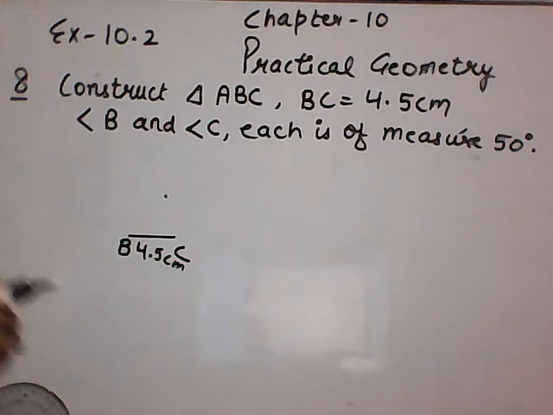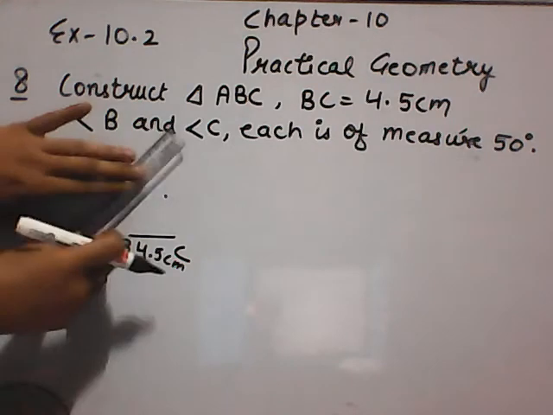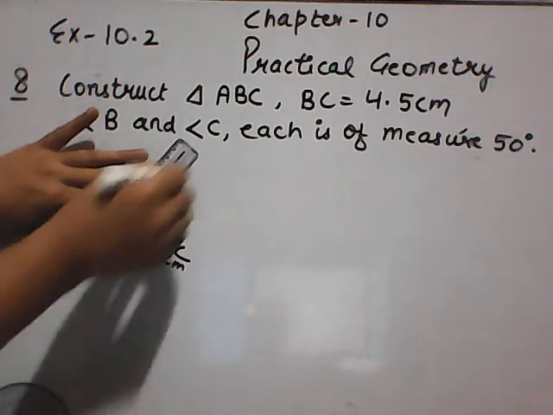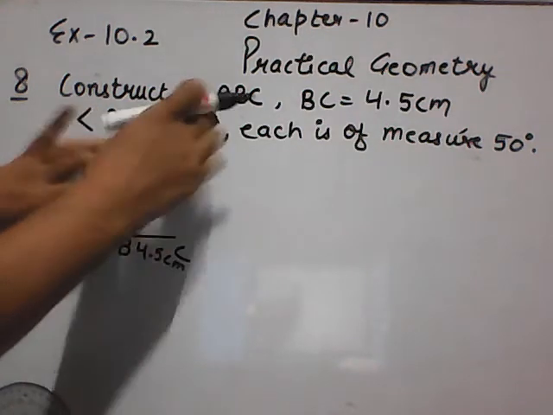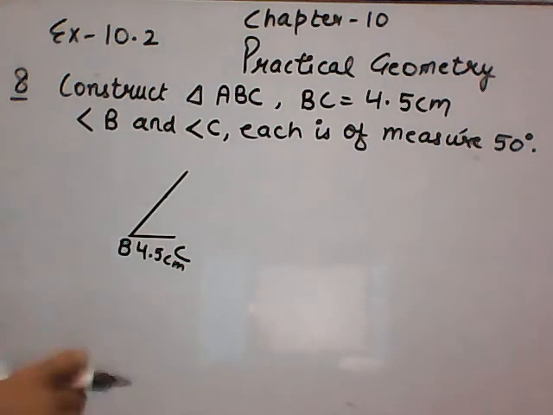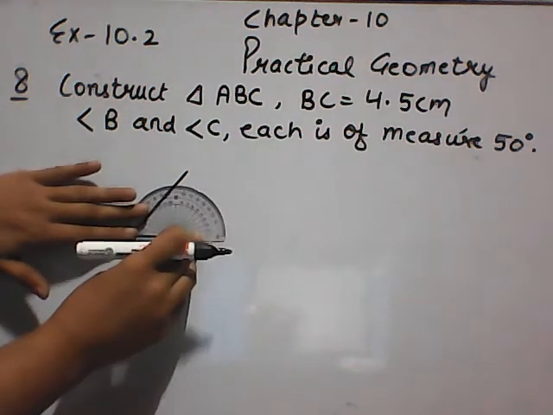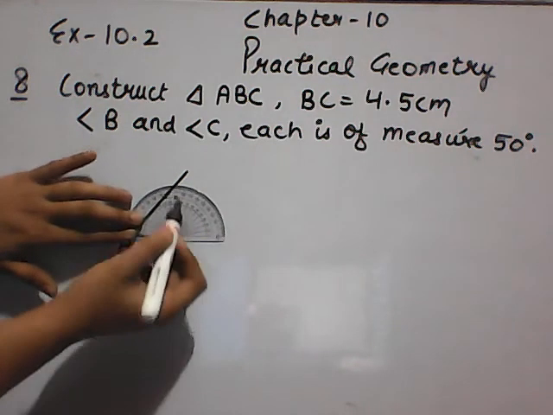Now it is 50-degree angle at B. Now you have to draw at angle C 50-degree angle. You have to put protector at point C. Now it is 90.